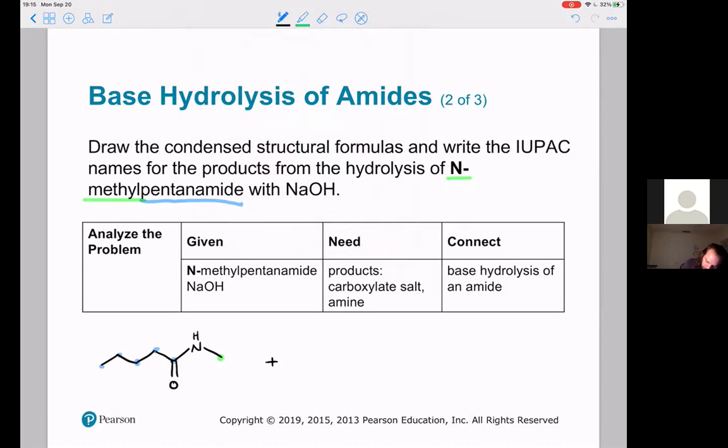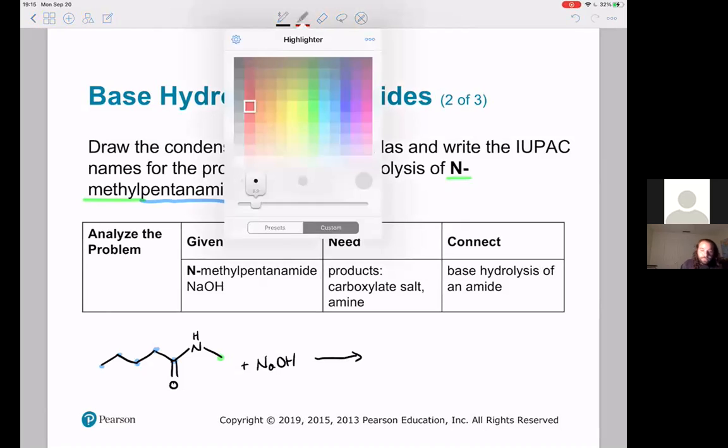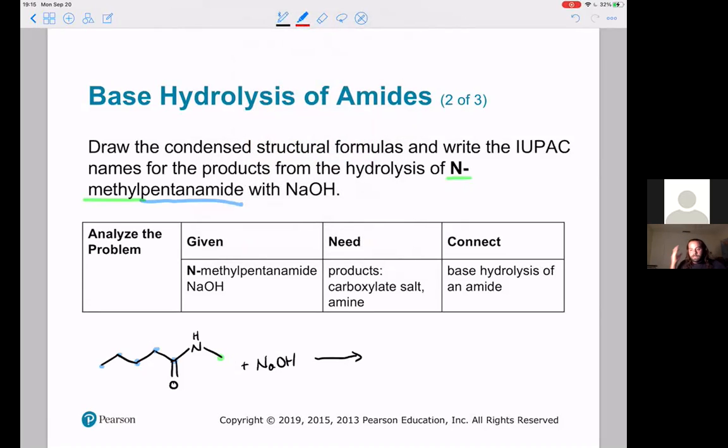And so this is going to be a base catalyzed reaction, adding NaOH. So base catalyzed hydrolysis reaction. Okay, so again, importantly, where do I cleave? Right, how am I going to chop my amide? Right there.